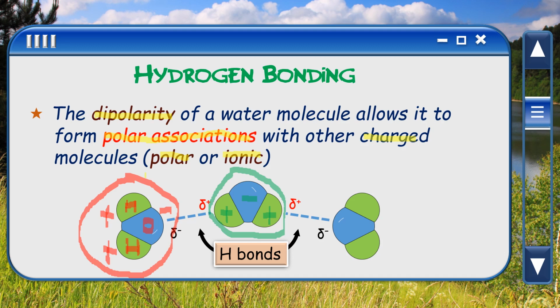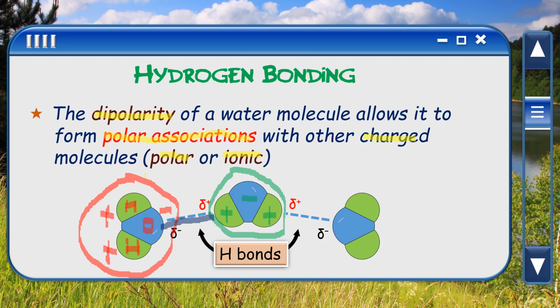So when the water molecules are in solution, they are going to orient themselves in such a way that the positive will face the other molecule which has a negative. So we shall have a partial bond formed between oxygen and this hydrogen. And that bond is what we are calling the hydrogen bond.